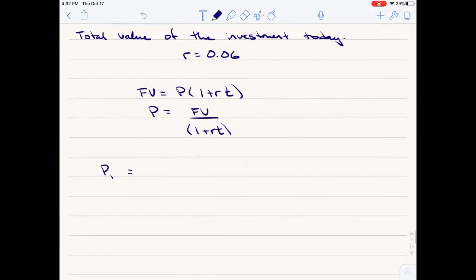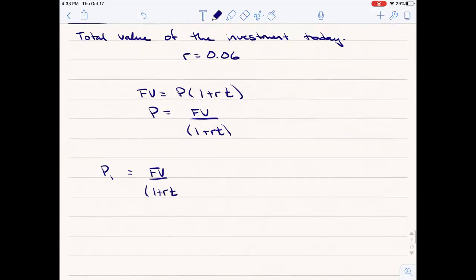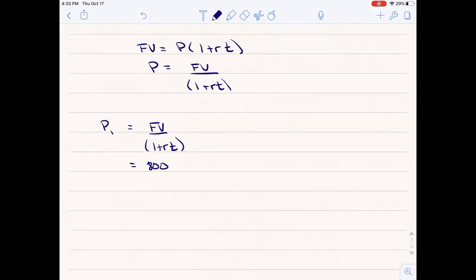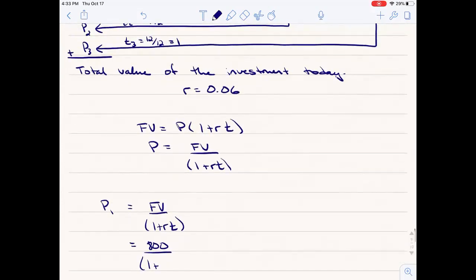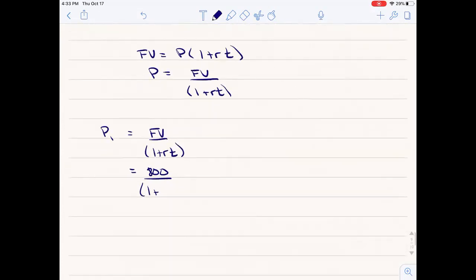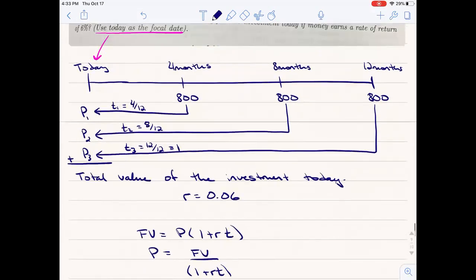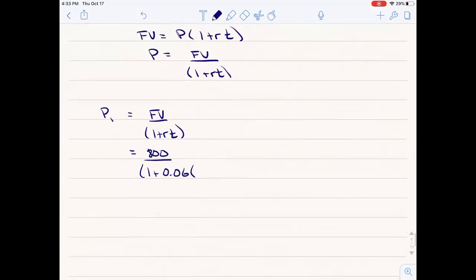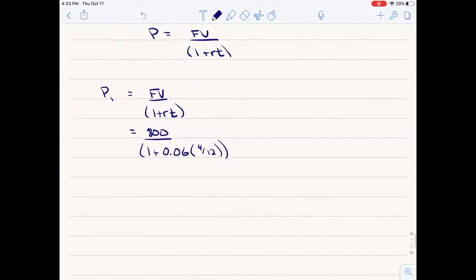So we've got the future value over 1 plus RT, which is 800 over 1 plus R, and R is the same for all of these, 0.06. But the T changes for each of them. That's the only thing that's changing. So we've got times 4 over 12.